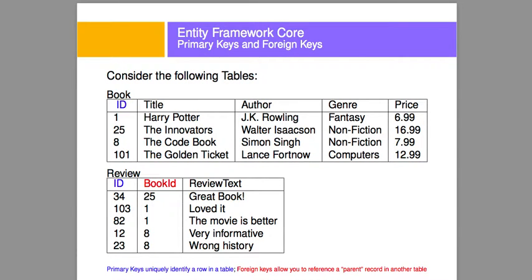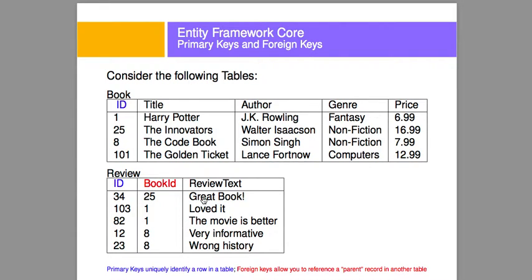Now, sometimes you want to have several tables that interact with each other. This goes into a database class, mostly for purposes of what's called normalization. But for this video, just be aware that you might have 2 entities. For example, one is book and the other one is the reviews about those books. For example, you have a review that says, great book, another loved it, the movie is better, very informative. These are reviews.